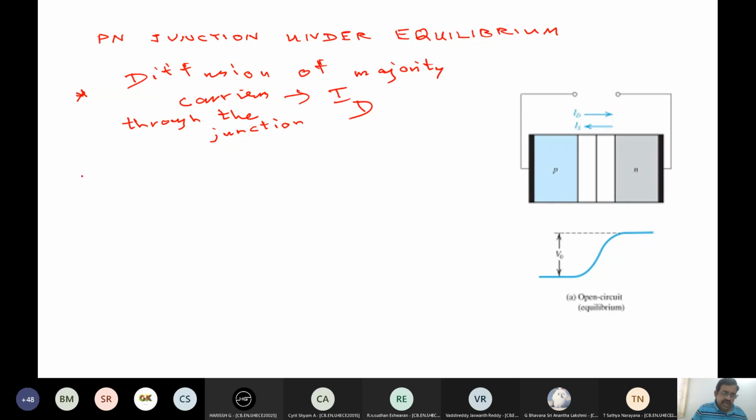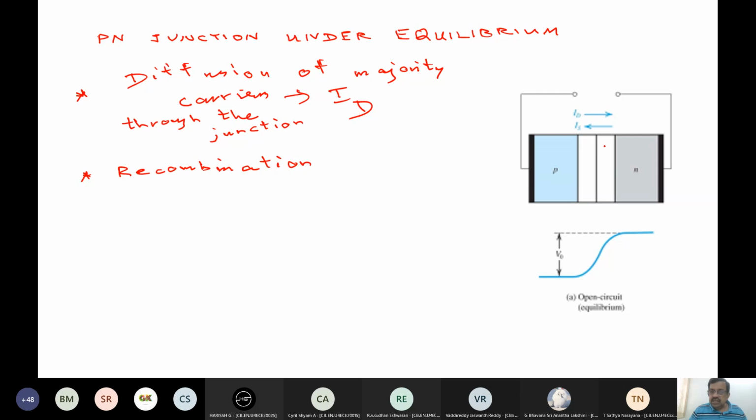When diffusion of carriers takes place, recombination happens. What is recombination? It is when holes from, for example, the p-type diffuse into the n-type and recombine with the electrons.